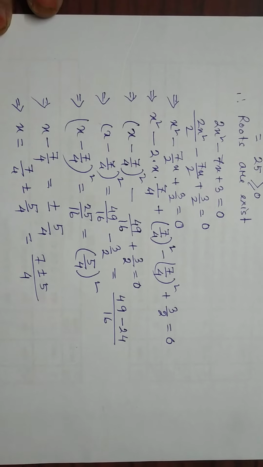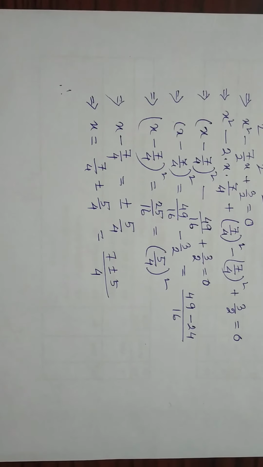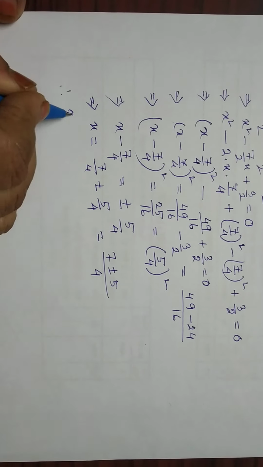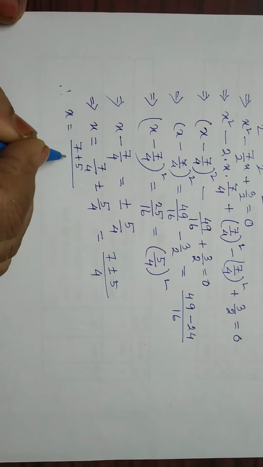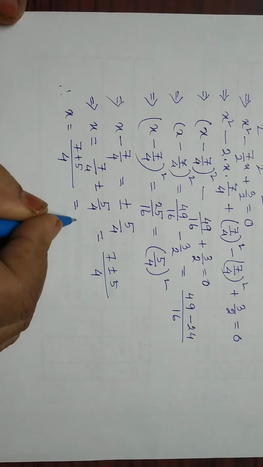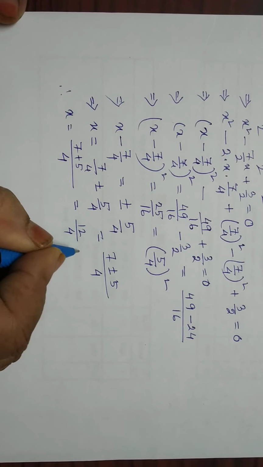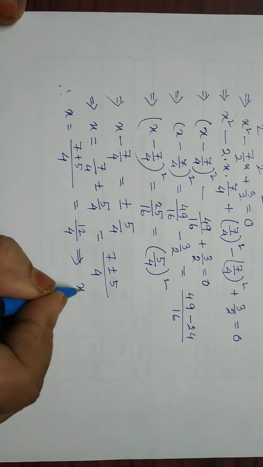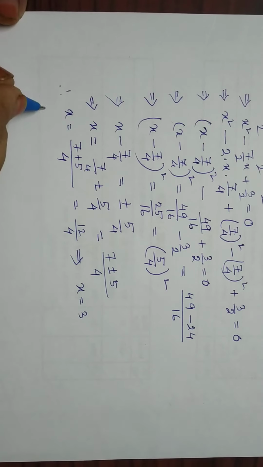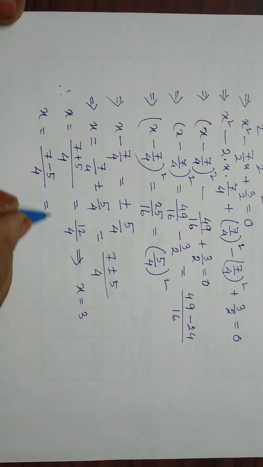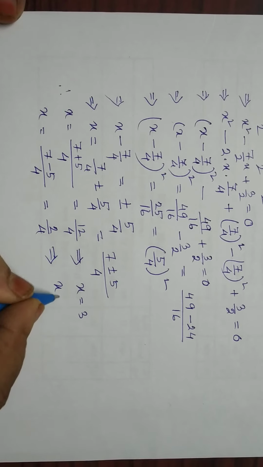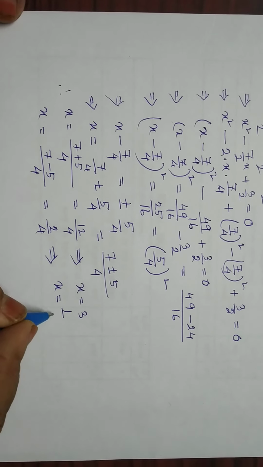Therefore x is equal to, first, 7 plus 5 divided by 4, which is 12 by 4. This means x is equal to 3. And the other, 7 minus 5 by 4, means 2 by 4. So x is equal to 1 by 2.